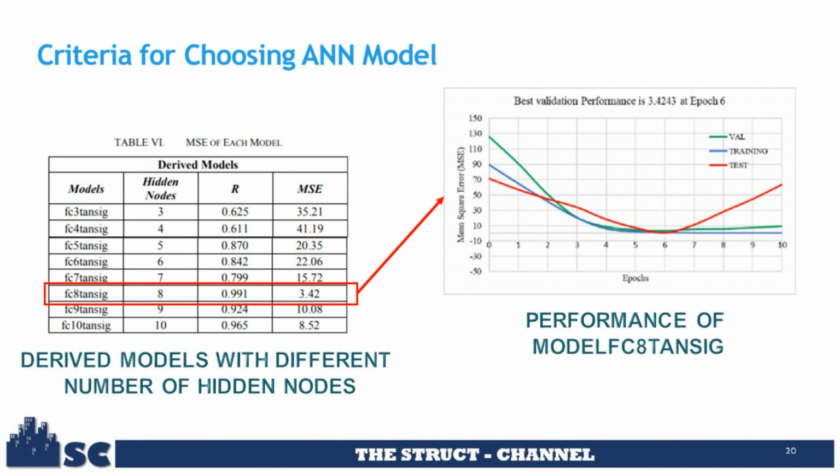The validation result, meaning the lowest mean square error, was achieved at epoch 4, and since then until epoch 10, the value of mean square error increases and the modeling was terminated because we set the maximum fail to 6 only.